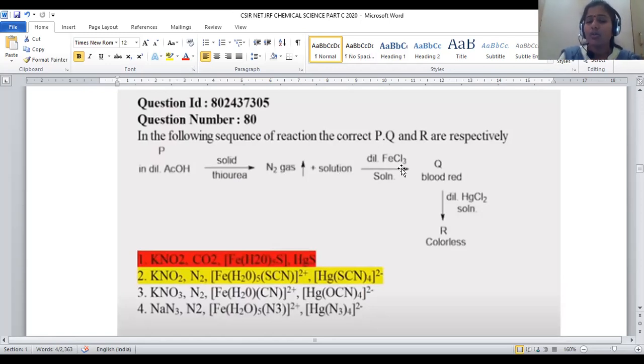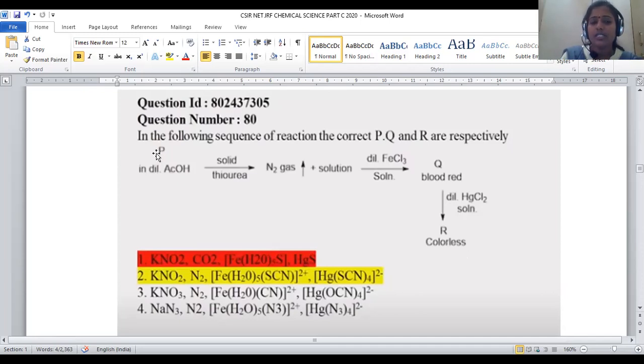Now it is treated with dilute ferric chloride solution, so that the compound obtained turns into Q, which is blood red in color. Now this compound Q is treated with mercury chloride, HgCl2, so that a colorless compound is generated finally.